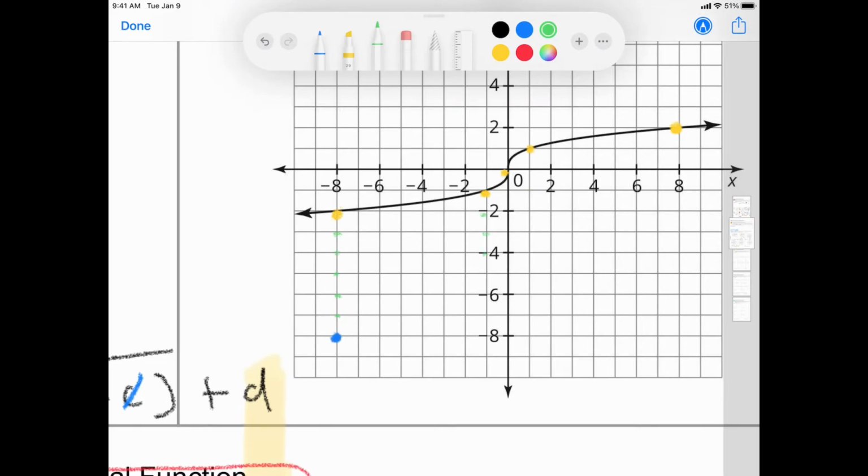I do this for each point. And then this is my graph in red.